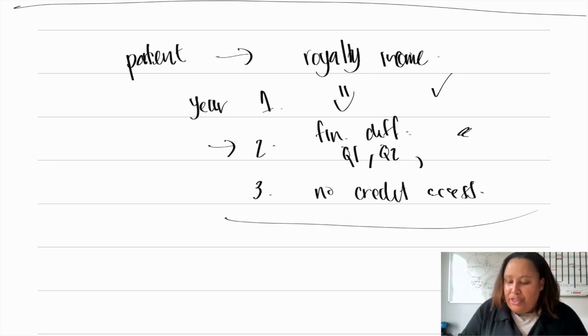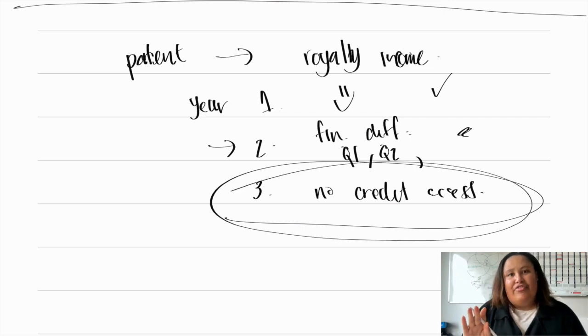However, in year 3, there is a significant change in the entity's ability to pay because they have no more access to a credit line and their financial condition has significantly deteriorated. So then at that point, we would reassess whether 9E is still met, and we would conclude that 9E is not met in that situation.